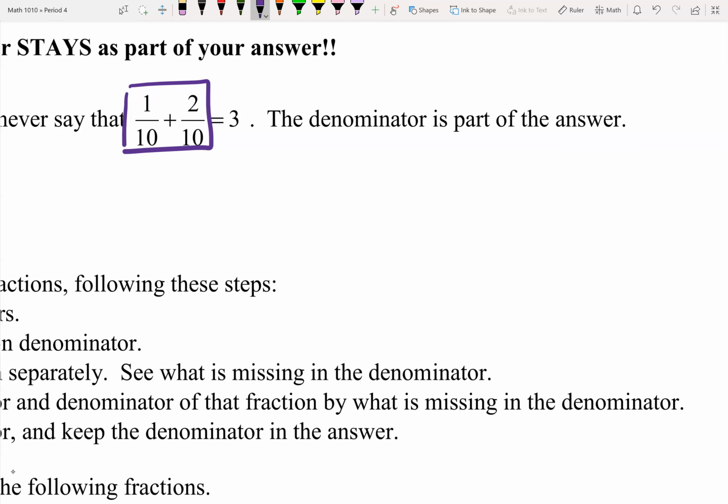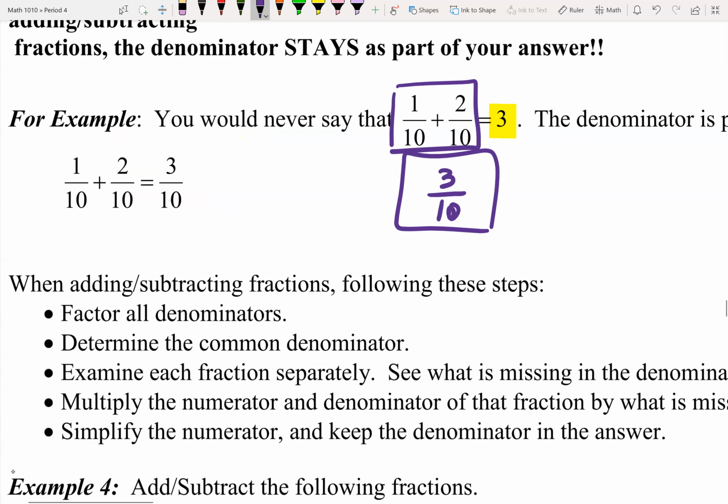So you took one of the 10 slices and then 2 of the 10 slices. Does that mean you ate 3 entire pizzas? No, that's not what you did. You ate 3 of the 10 pieces. So the 10 stays at 10, and 1 plus 2 is 3. So don't forget about the denominator. Some people will not write the denominator.